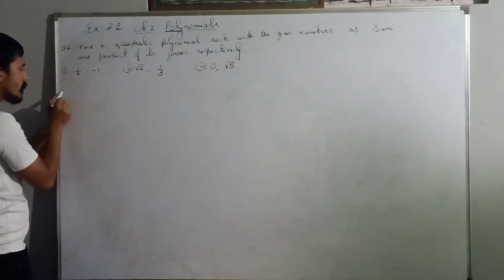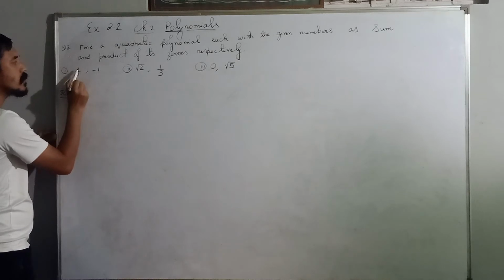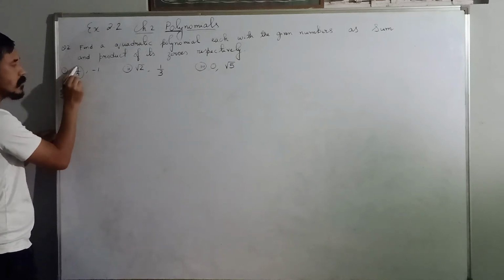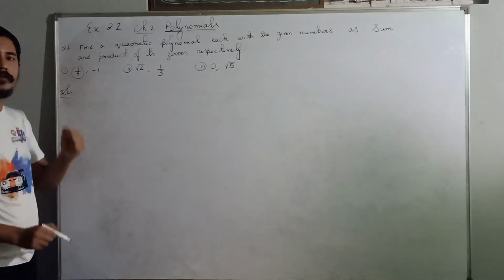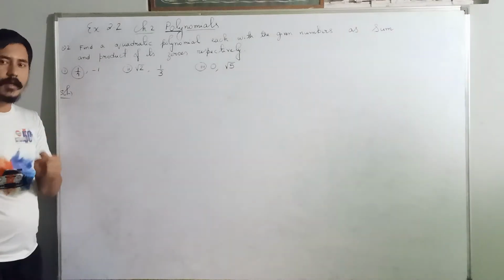In the first case, your given numbers are 1 by 4 and minus 1. The first given number, 1 by 4, will be the sum of your zeros, and the second given number will be the product of zeros.